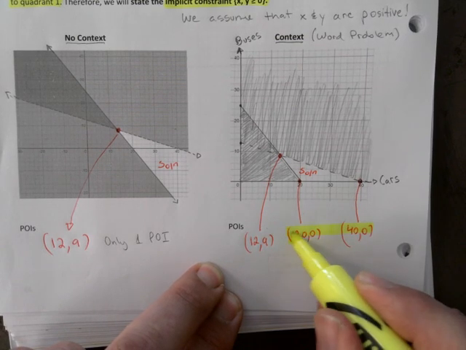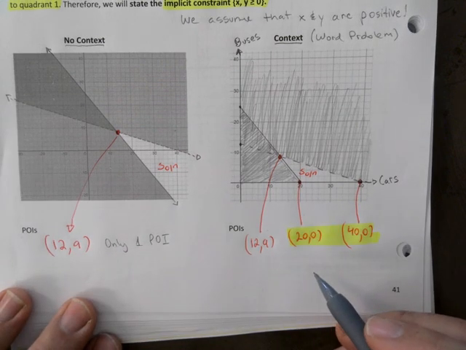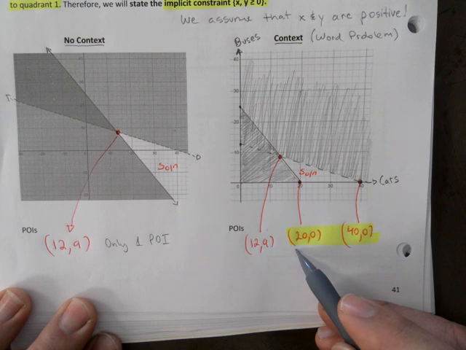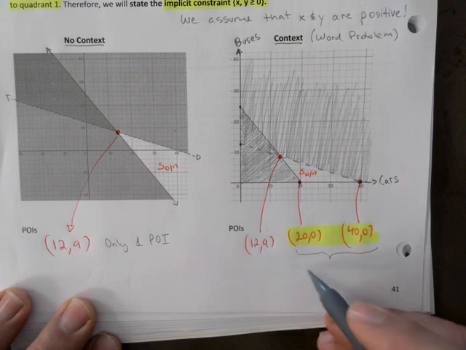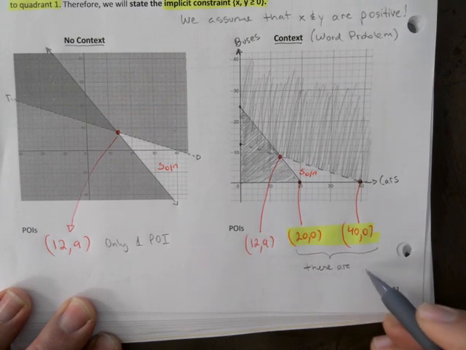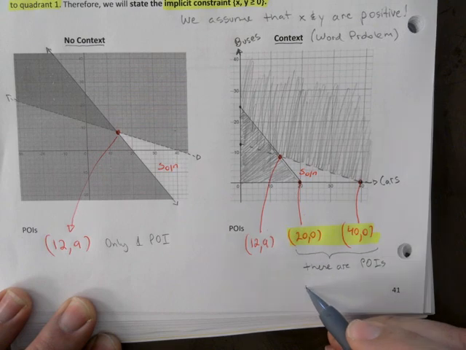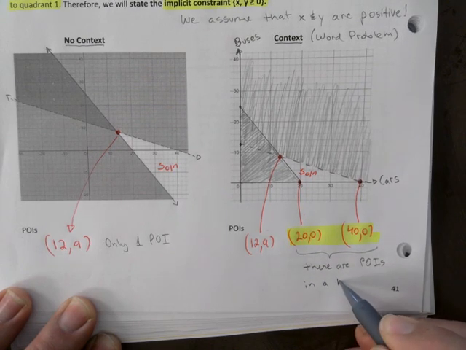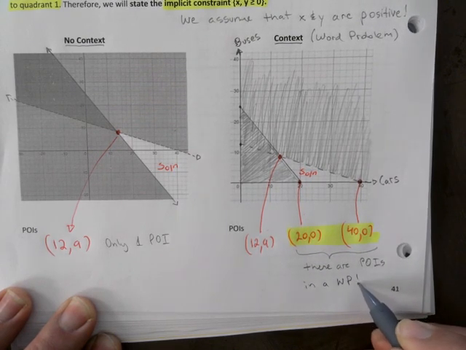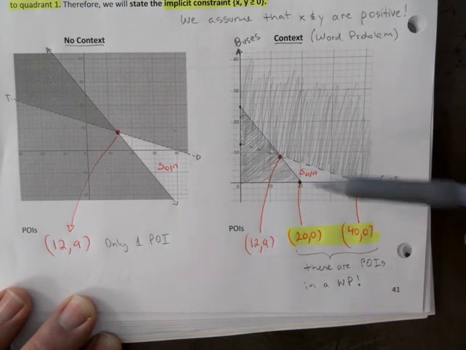And I will do this, right? These are POIs in a word problem. Okay, same with the y-intercepts. If you had any y-intercepts, we would consider.